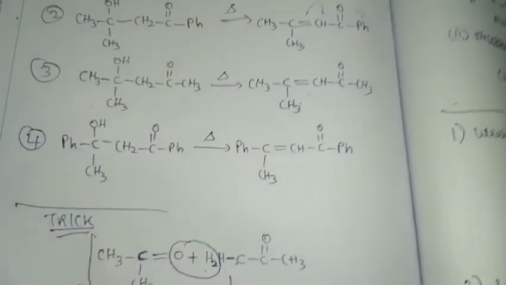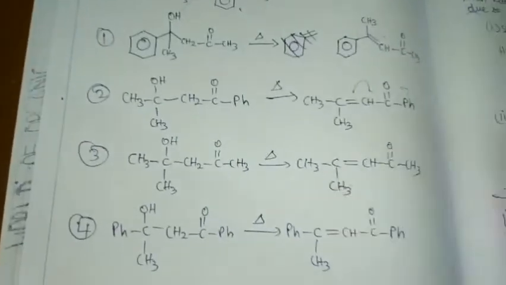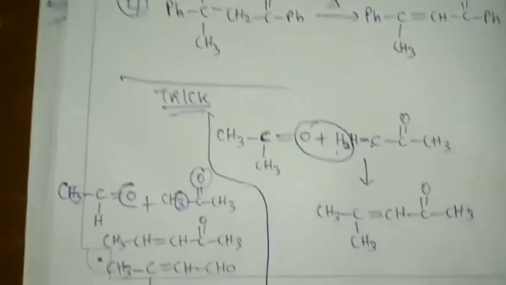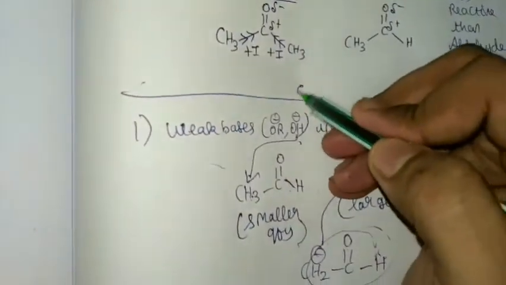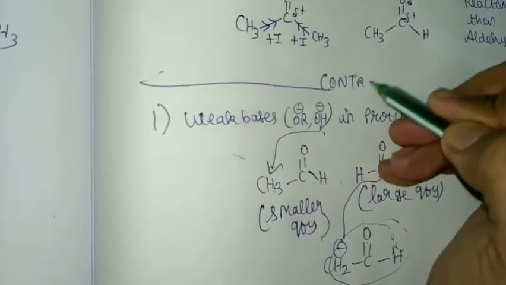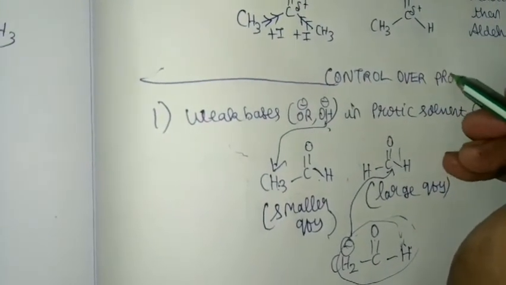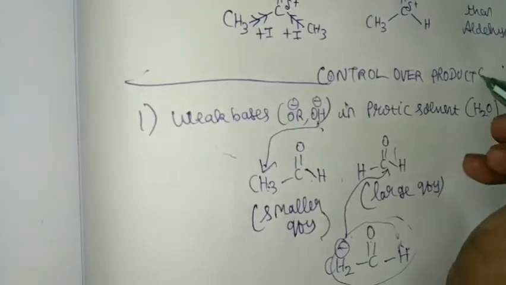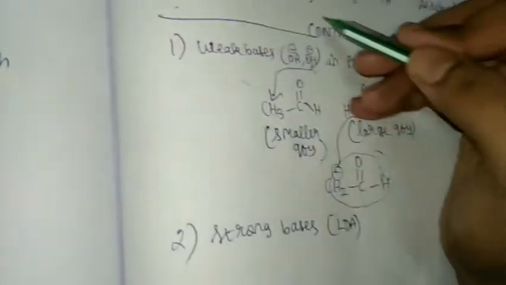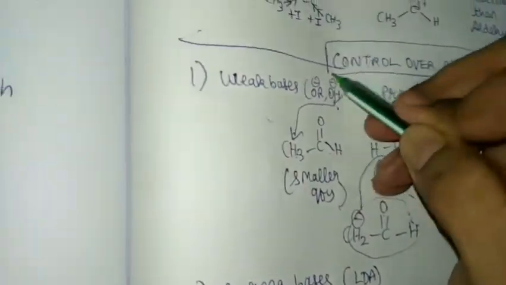Four products will be formed, and we saw what is the Claisen-Schmidt reaction, also when ketones are involved. It is the same thing, and we saw the trick over here, and we saw the control over products. Okay, so that's all.